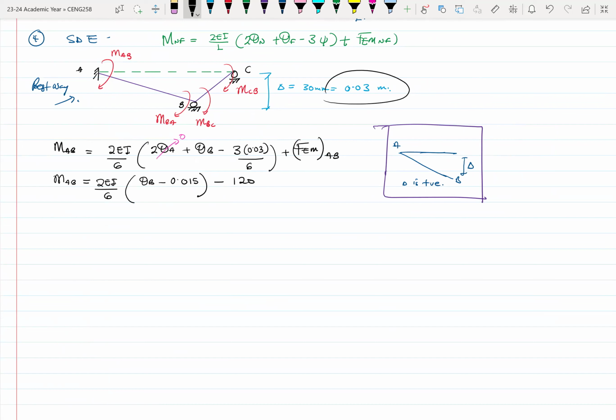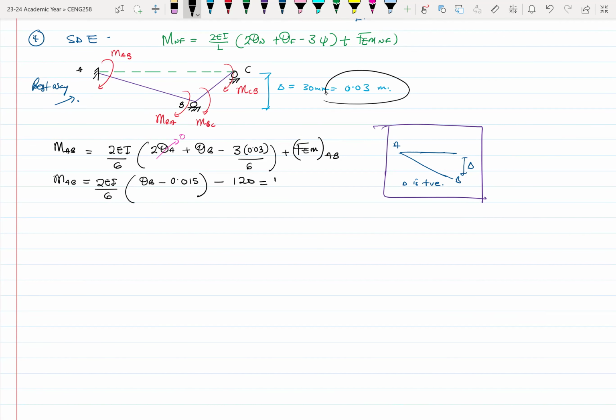The screen has a mind of its own today. All right. So we can again simplify all of these. EI is constant, so we can expand. So let's expand. Let's get this out of the way. So this will be 1 over 6, 1 over 3, right?